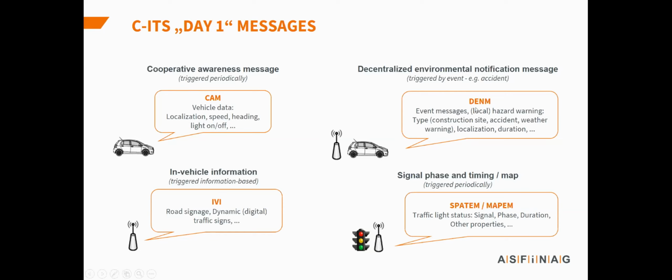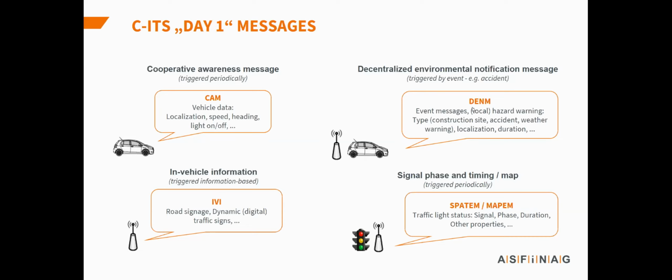Then there is the so-called decentralized environmental notification message, a DENM message. Think of it as a hazard warning, because this is a quite long name. Basically, not entirely true, but nearly true, you can say everything that is a triangle sign would be a DENM message, because this is mainly hazard warnings.